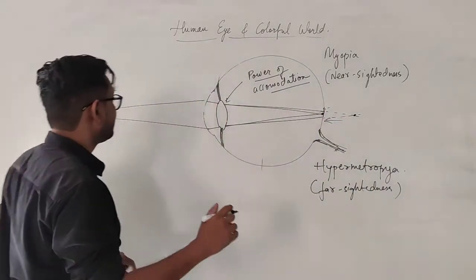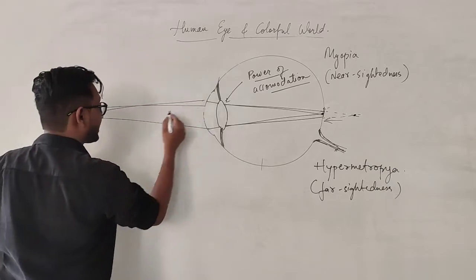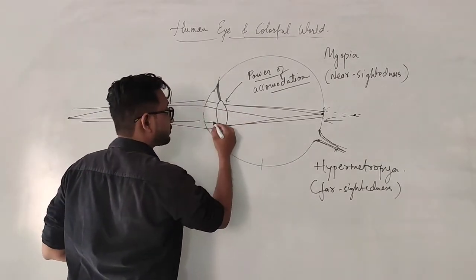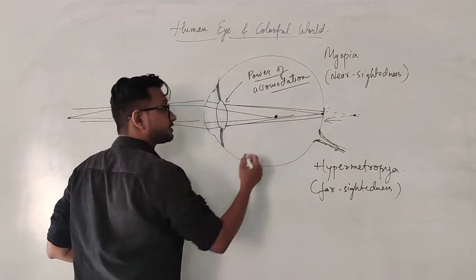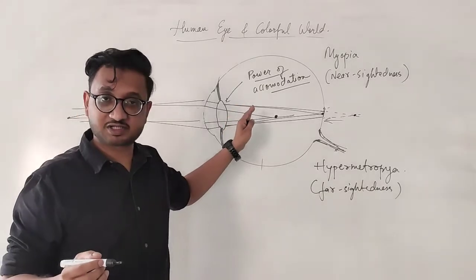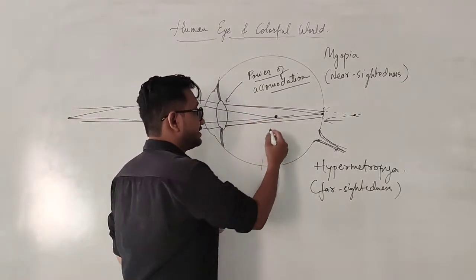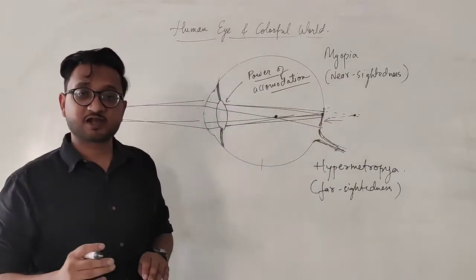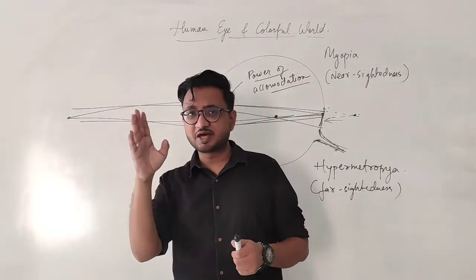What happens is, when the far away parallel rays of light approach the lens, the focus point is very close to the eye lens and not on the retina, so it is before the retina. And that is why the rays of light are spread out on the retina and therefore the image is not clear, it is blurry.